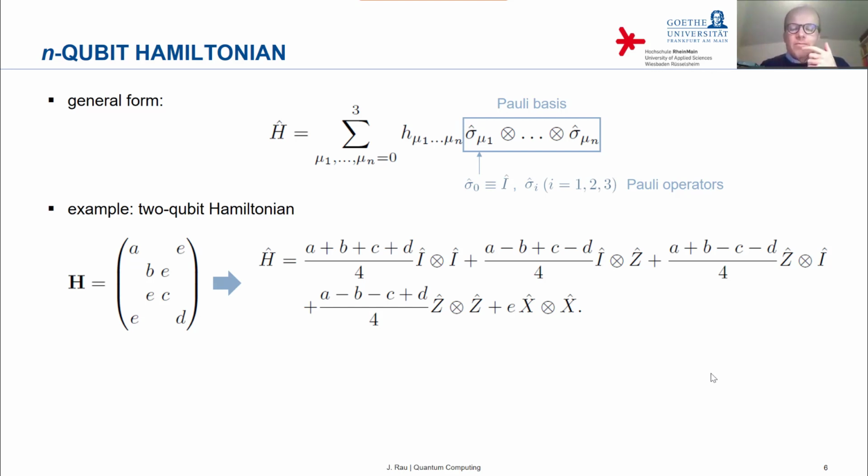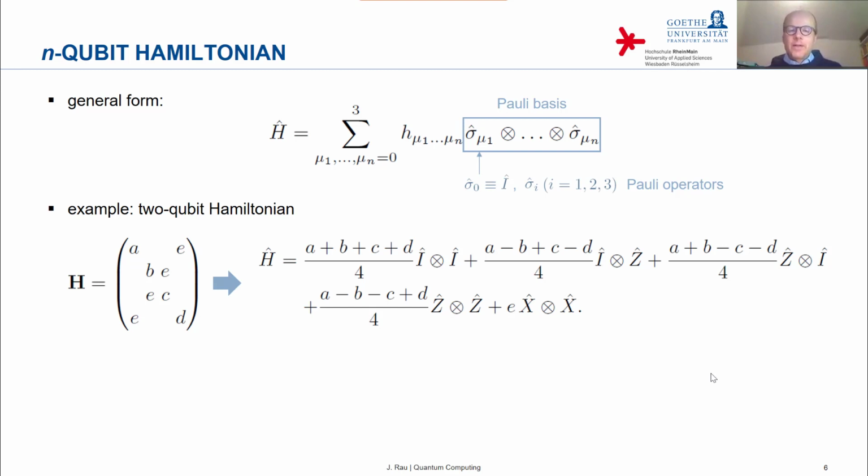We can look at various possible states of our n-qubits and calculate the expectation value of the Hamiltonian, the energy expectation value. And then we try out different states, we vary the states and try to find that particular one which minimizes the expectation value.